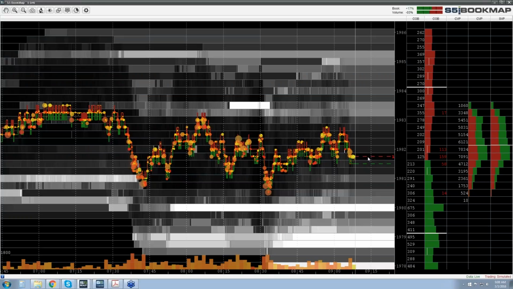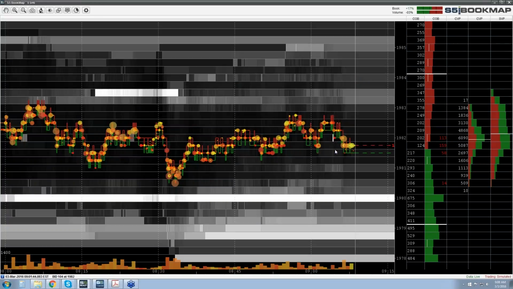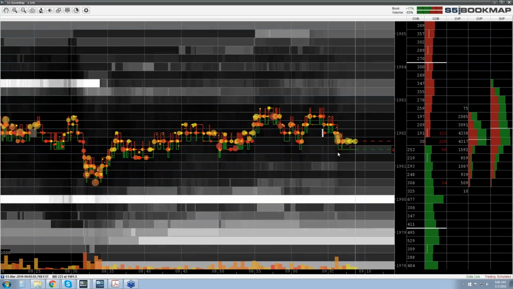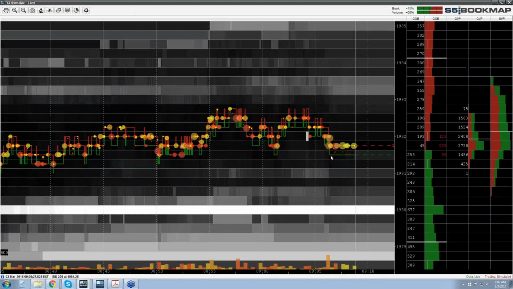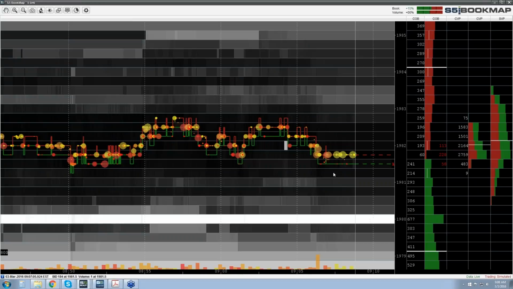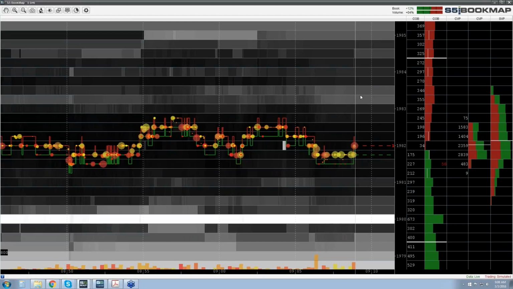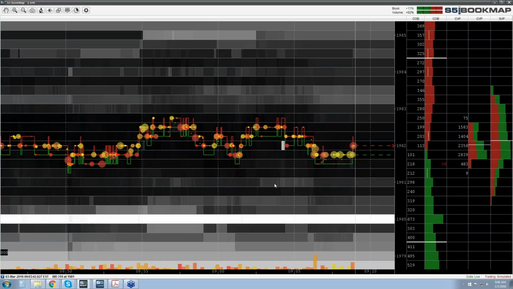Now, what's interesting is, let me just zoom in a little bit, we capture that data. All of this data here is captured and then projected onto the charts. If I zoom in a little bit more, and we see some of these numbers change, you see the heat map change. These striations you see here in the heat map are the pulling and adding of liquidity.